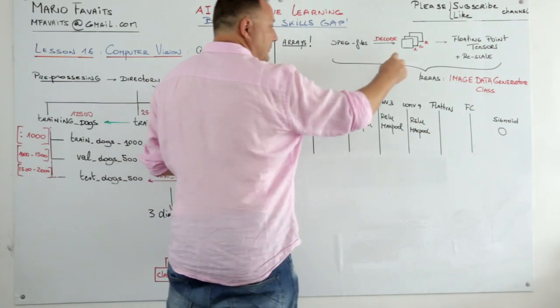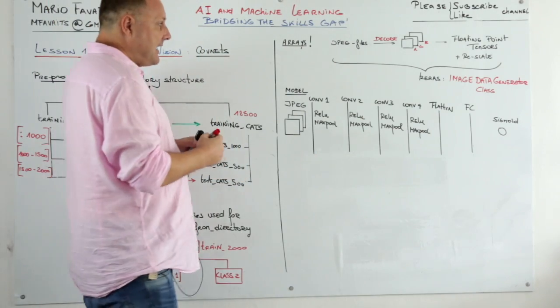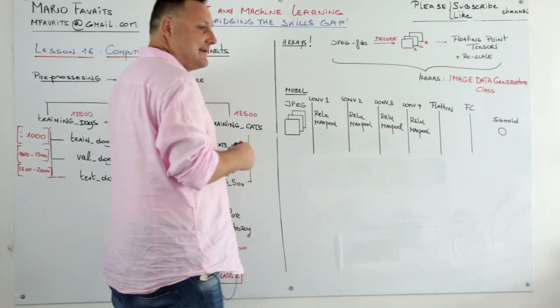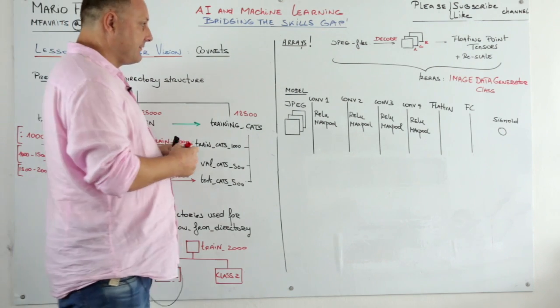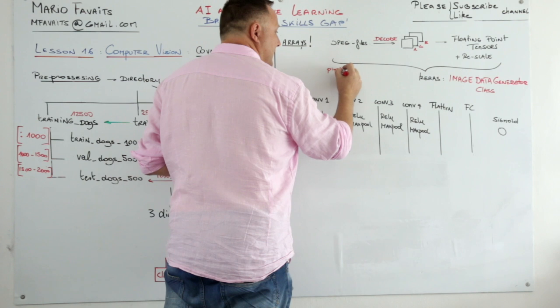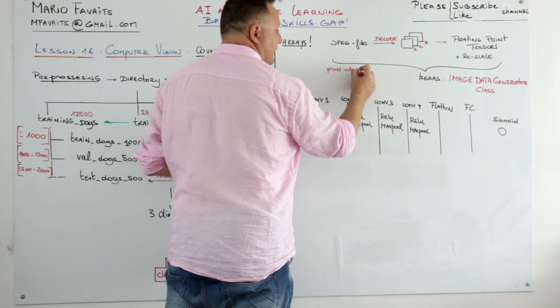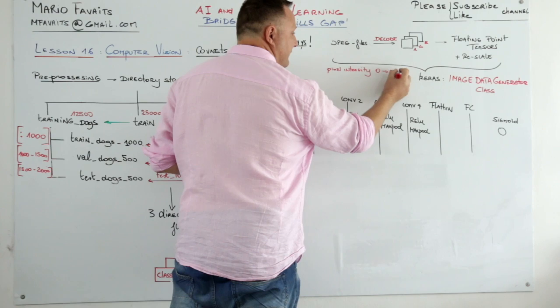And remember, these will be 3 matrices basically, and the pixel intensity is given by a number between 0 and 255.